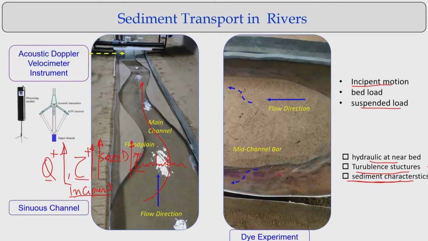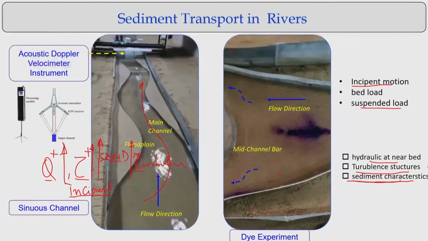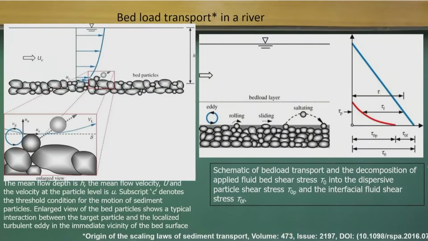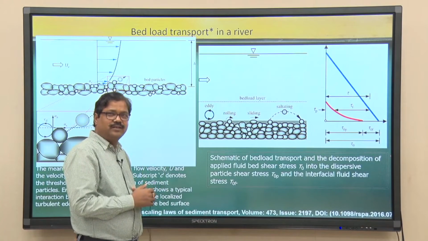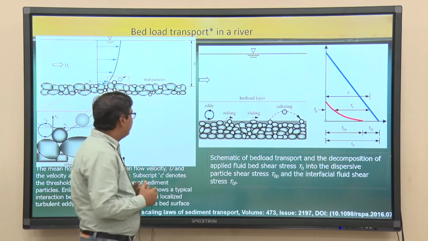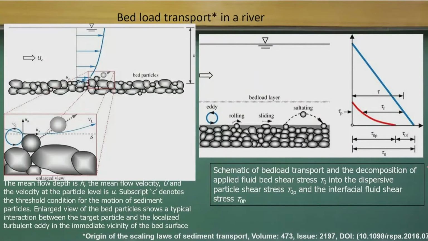Now, if I go to the microscopic level, let capital U_c be the flow velocity coming in, with a flow depth h, and this is the bed material, a heterogeneous, mixed bed with bigger and smaller sizes.